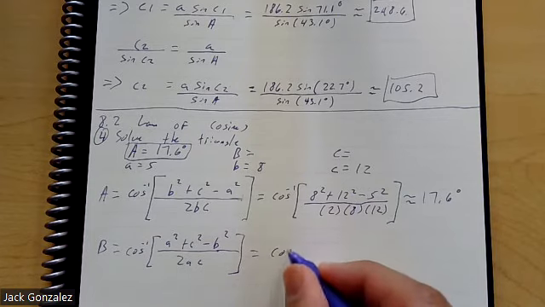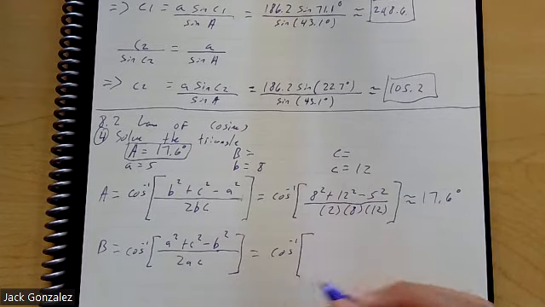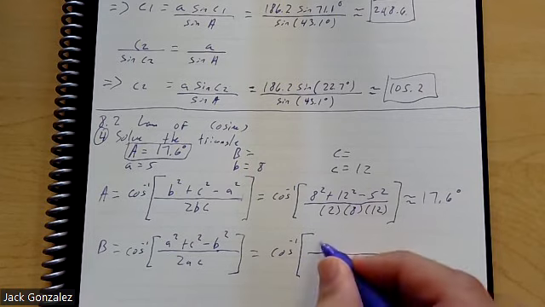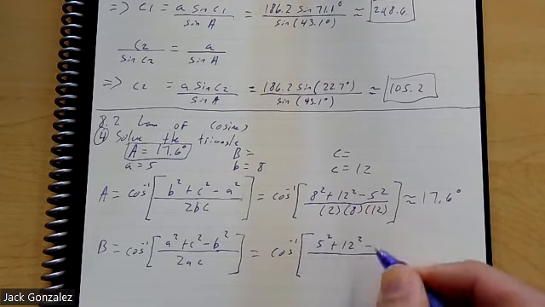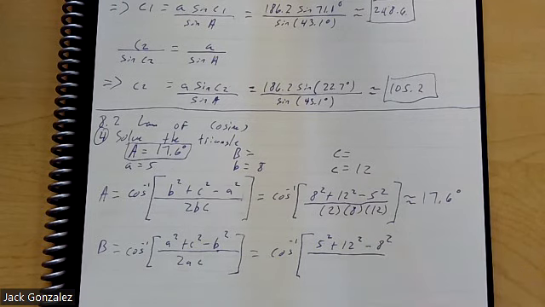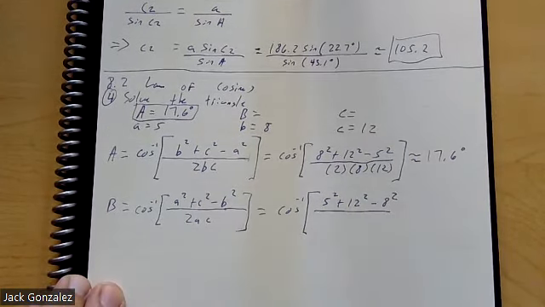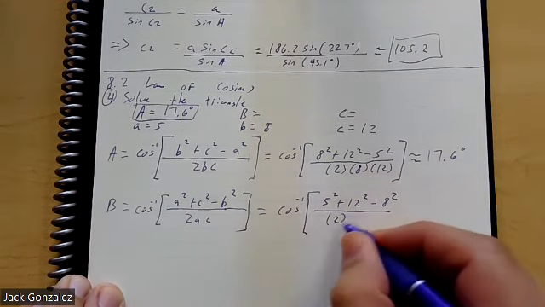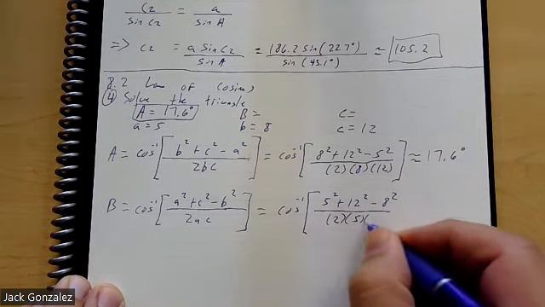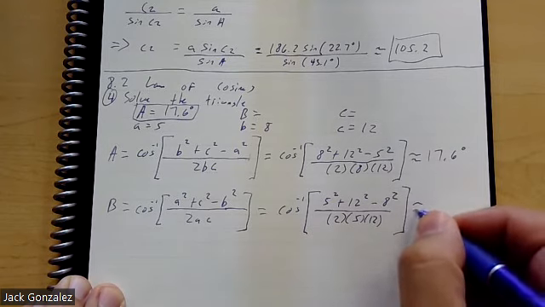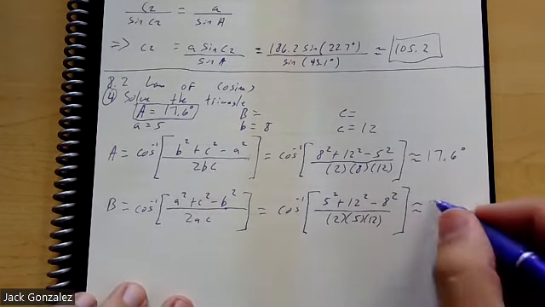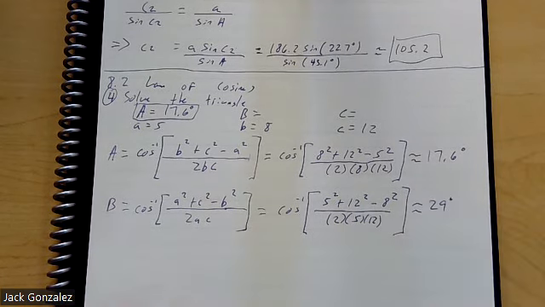So that would be cosine inverse of 5 squared plus 12 squared minus 8 squared divided by 2 times 5 times 12. You guys get about 29?